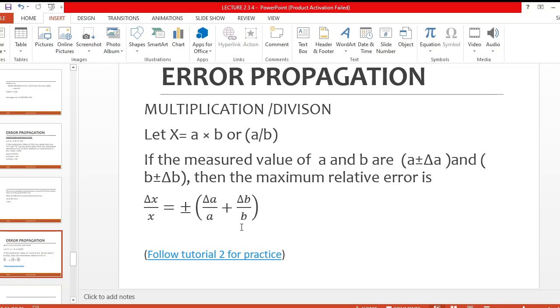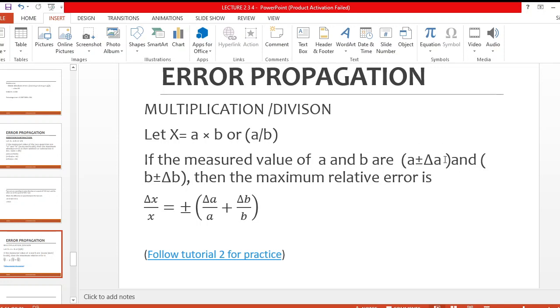Now, in this case, if you look at A and B, if you are multiplying, the answer in the measured value will be A times B. But for your error, you'll be summing the relative errors of A and B. So for A, the relative error is just this error divided by its true value.